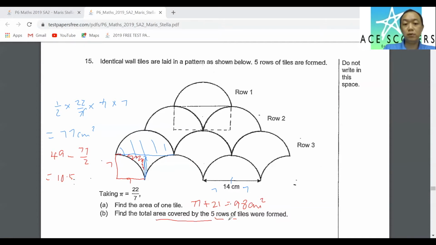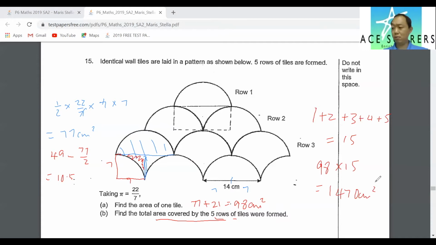Altogether, how many tiles are there? 1 plus 2 plus 3 plus 4 plus 5, 6, 10, 15 tiles. So we take 98 times 15, which is 1470 cm squared.